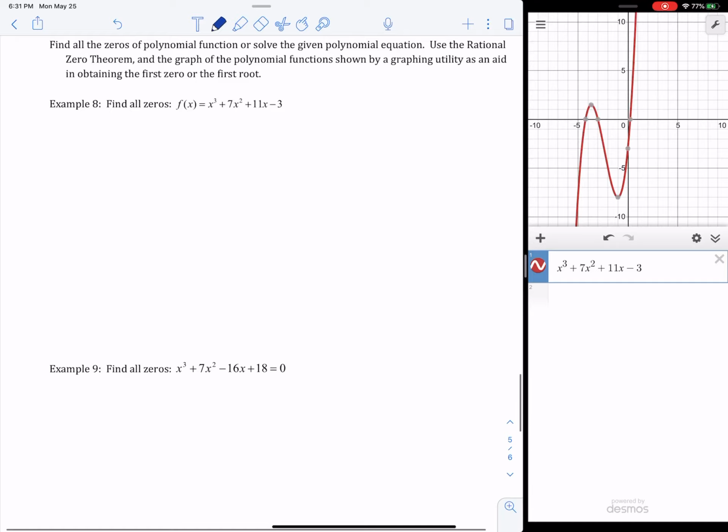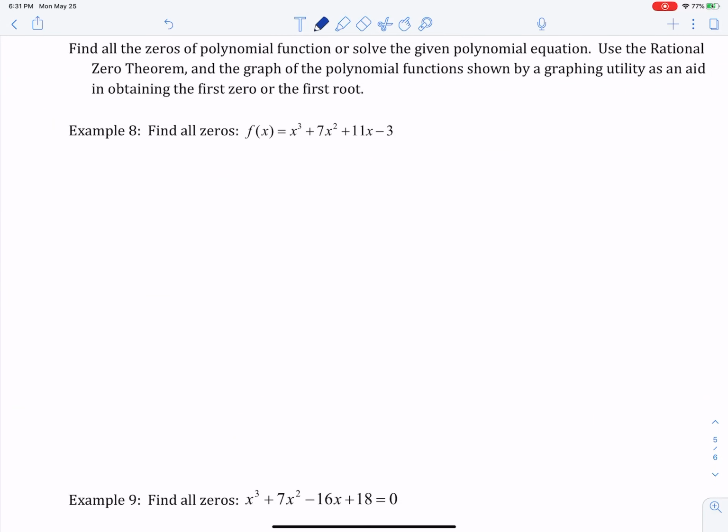And for this particular case, I didn't need to graph to see it, because if I look at p over q, p is the factors of 3, which is plus and minus 1, plus and minus 3, and q is 1, so q is plus and minus 1.